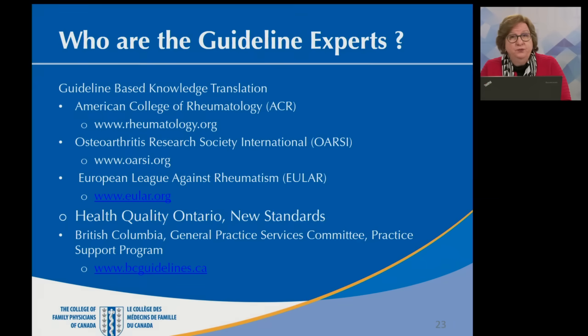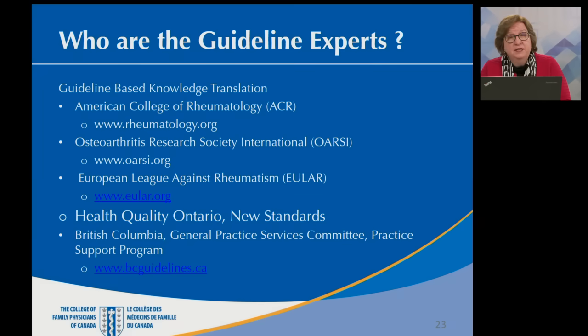What literature did we use? We certainly went to the American College of Rheumatology, where they have had consistent and progressive guidelines over the last number of years. OARSI, which is the Osteoarthritis Research Society International, which develops many tools and practice supports based on clinical research.